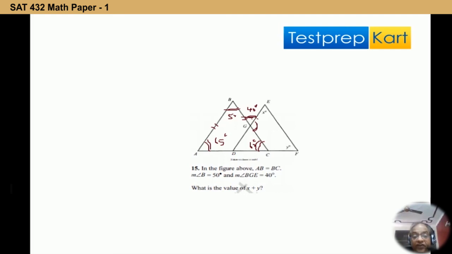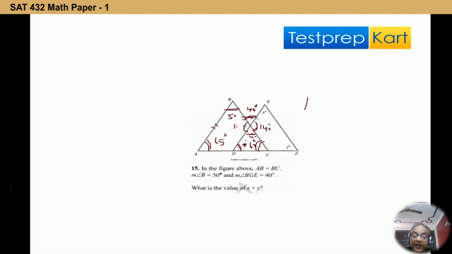Because this is a straight line, so this will become 140 degree, as well as this is also 140 degree. In fact, this will be 40 degree. So if this is 40, this is 60, then this will be 80 degree. Using the properties of the triangle, one can find that C is 60, this is 40, so this has to be 80.